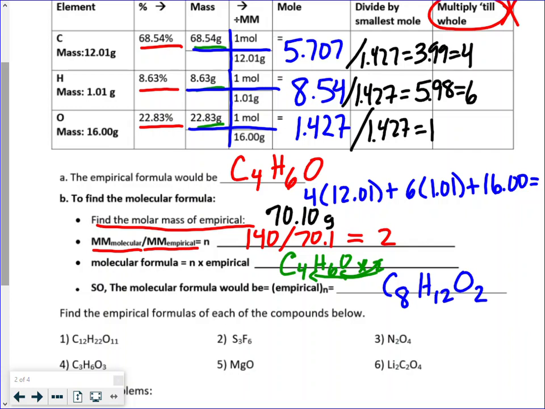What I would like you to try is complete 1 through 6 here, and then start on number 1. Set up your table, and then we'll go over those answers in a minute.